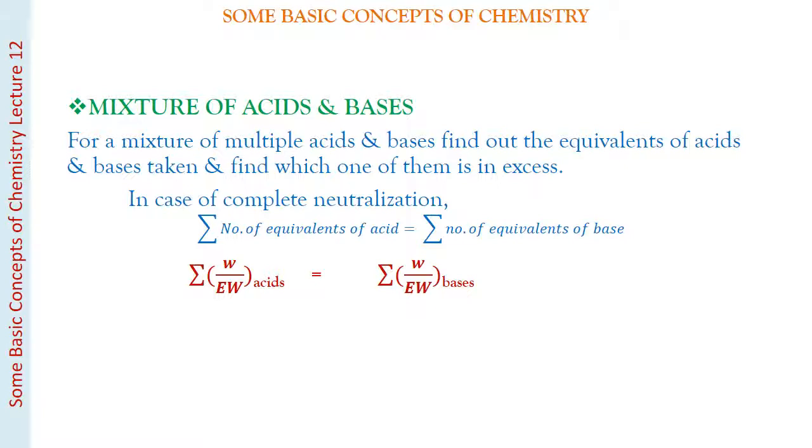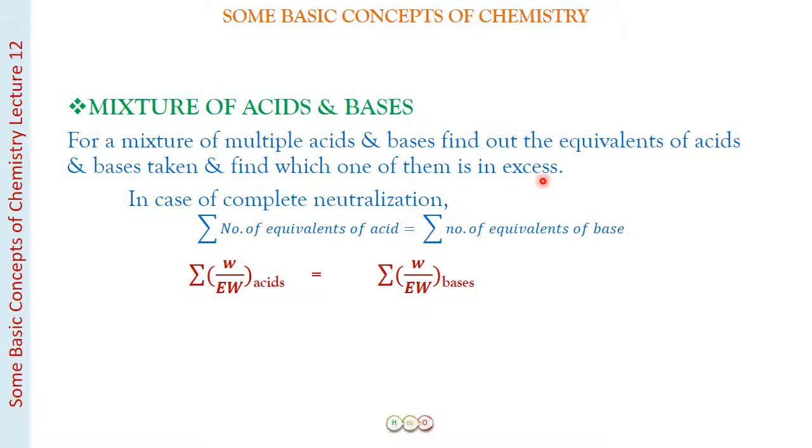And now, whenever we are given a mixture of multiple acids and bases and we want to find whether the resulting solution would be acidic, basic or neutral, you will simply find out the number of equivalents of the acids and the number of equivalents of the bases, and see which one of them is in excess.